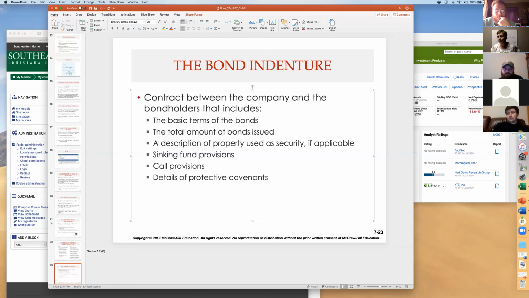What a covenant is, it's a promise. There'll be protective covenants in the indenture that are basically promises that the issuer is making to the bondholders. They can be things like will not exceed a certain debt to asset ratio.